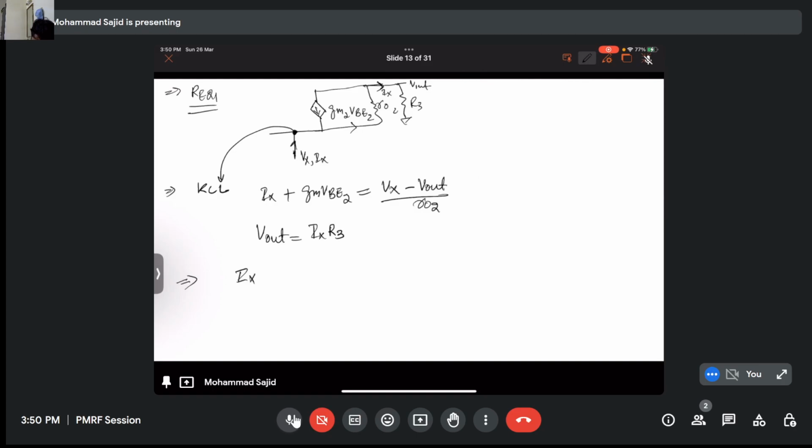Again VBE2 is VB minus Vx, since this is grounded. This is R pi 2. So this will be minus Vx. So this will be GM Vx by RO2 minus Ix R3, right?